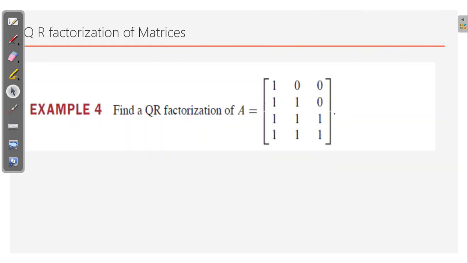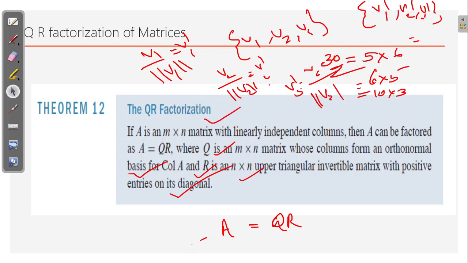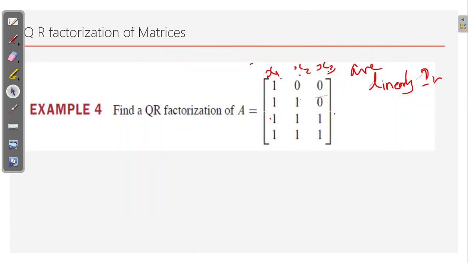We have seen in example 2 that these x1, x2, x3 are linearly independent vectors in R4. So the first condition is satisfied for QR factorization. Now A can be factorized as A equal to Q into R.